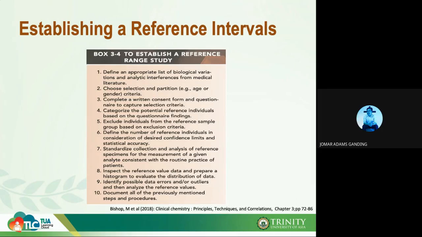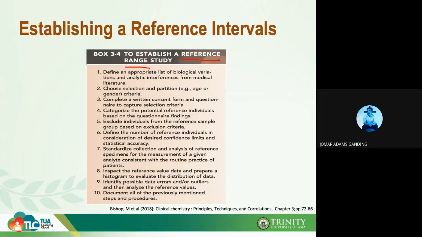So what is a reference range, or a reference interval? Again, this is a set of medical decision points against which we compare our results. The first thing that you would do is to define an appropriate list of biological variations and analytical interferences from medical literature. Let me just explain this briefly.